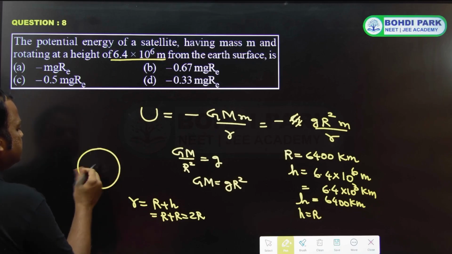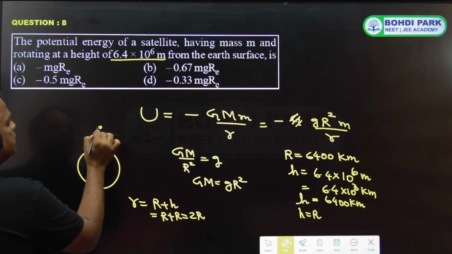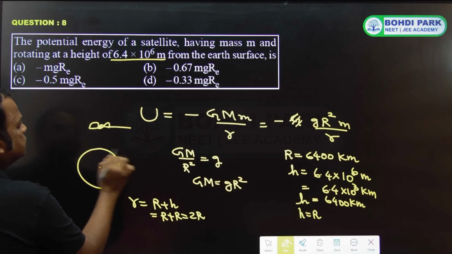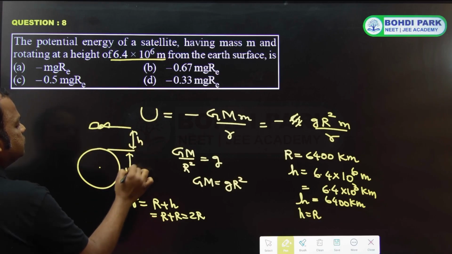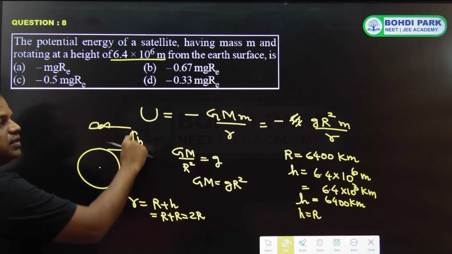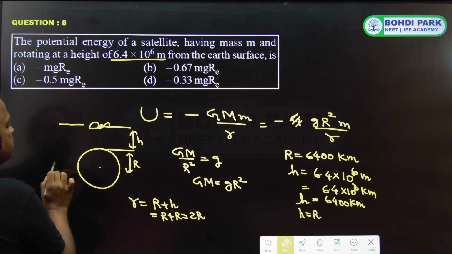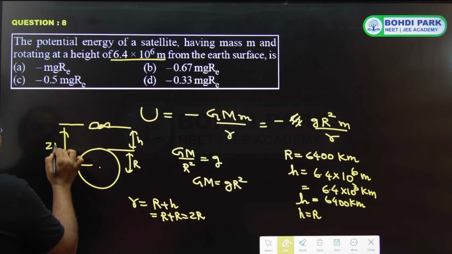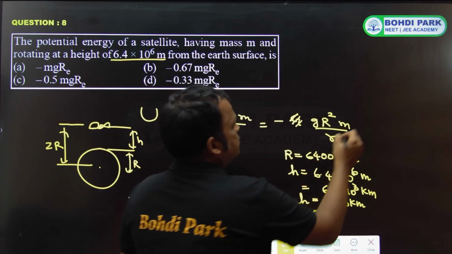Suppose this is Earth. Now satellite is here. This height and this is the radius of Earth. Both are same. So distance from center is 2R. So we'll substitute here.